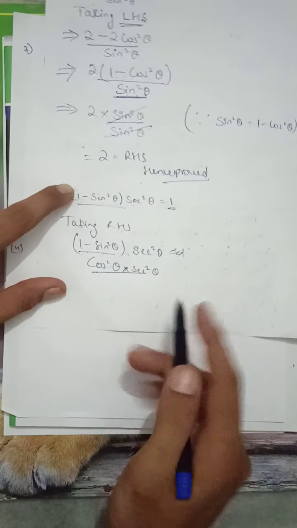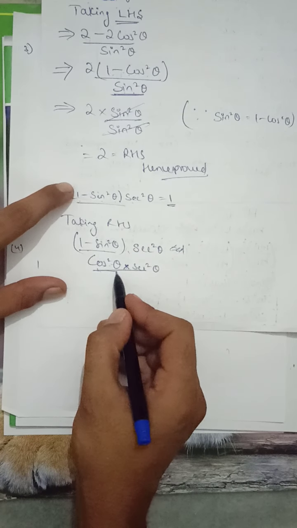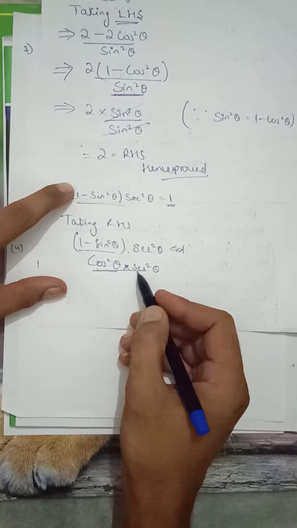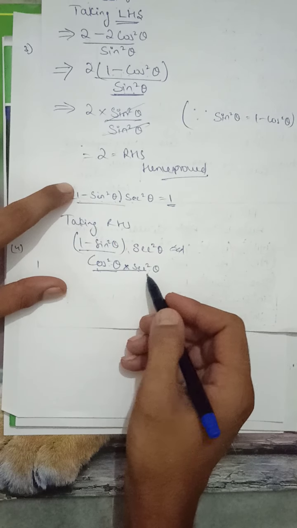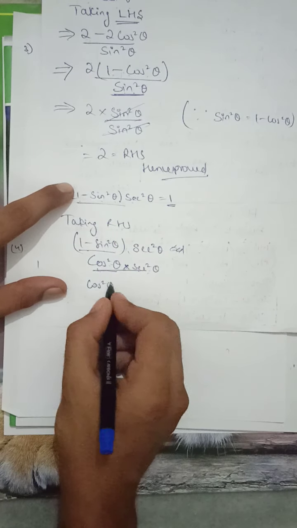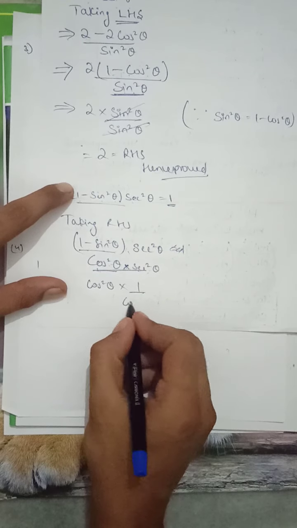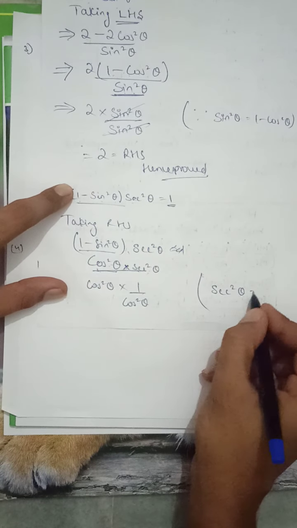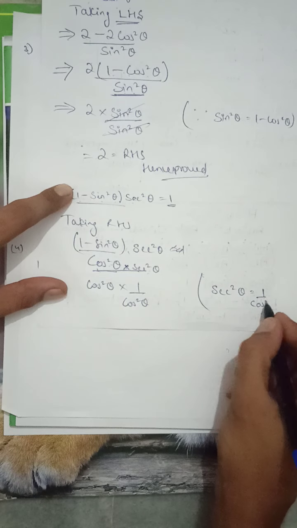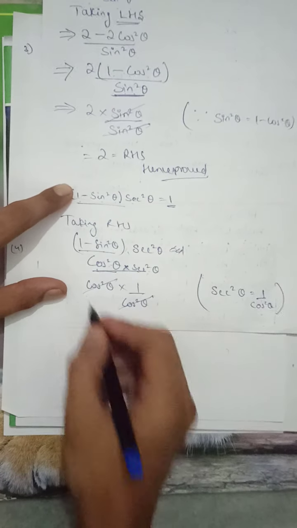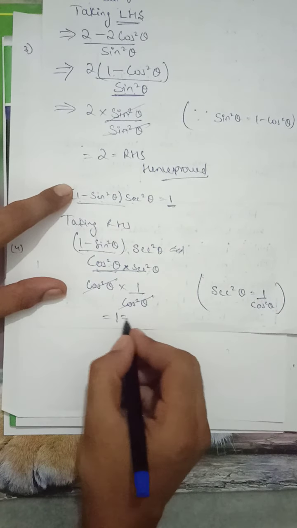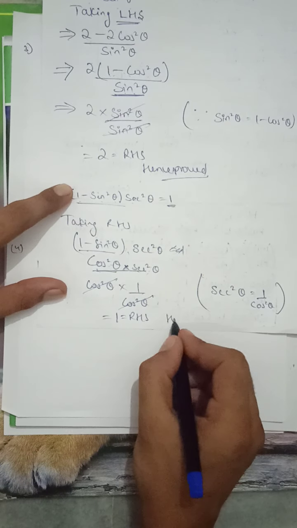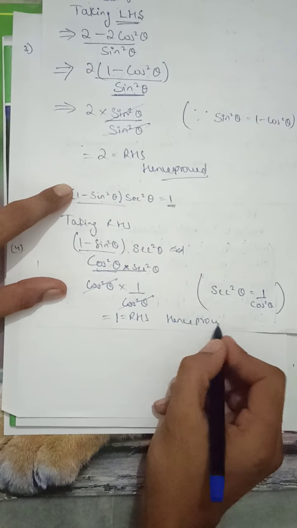So we can replace either cos square theta by 1 by secant square theta or secant square theta with 1 by cos square theta. You can do either. What we used? Secant square theta is equal to 1 upon cos square theta. Cos square cancelled, which is equal to 1, equal to RHS, hence proved.